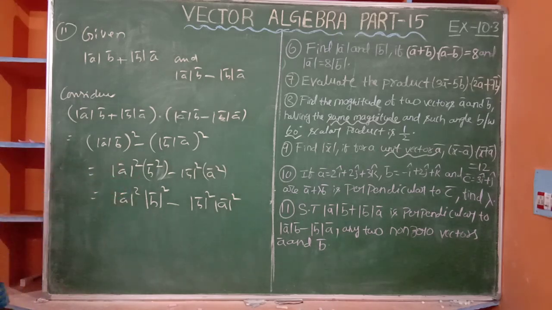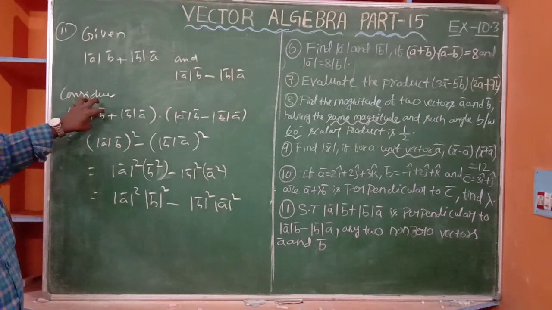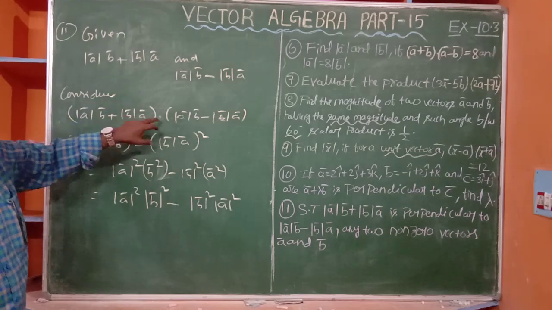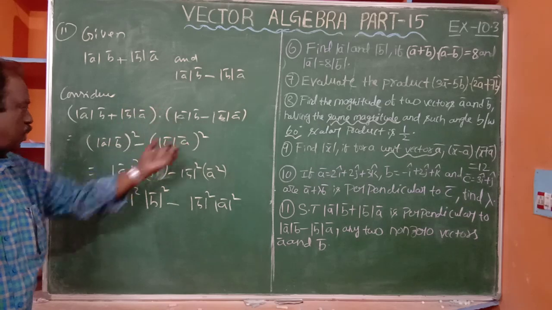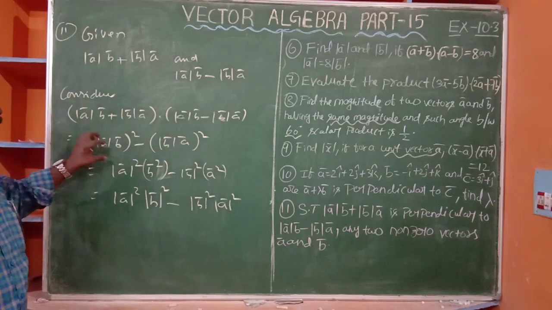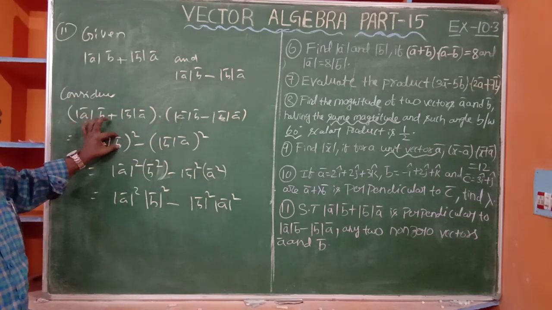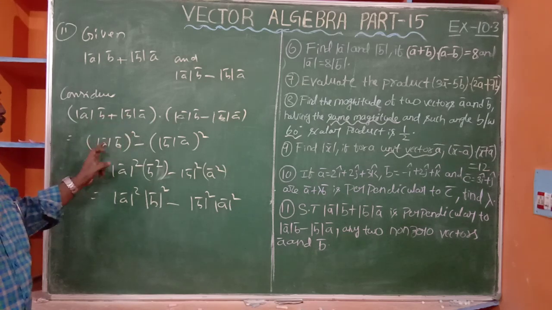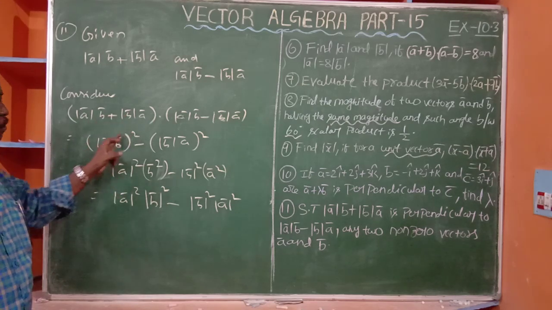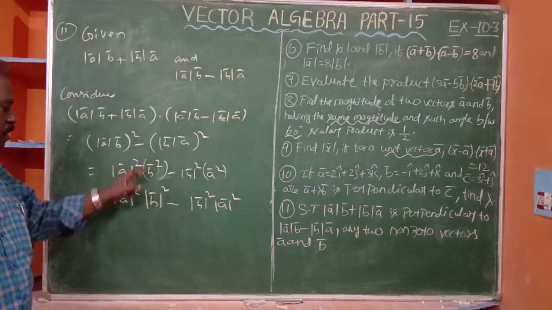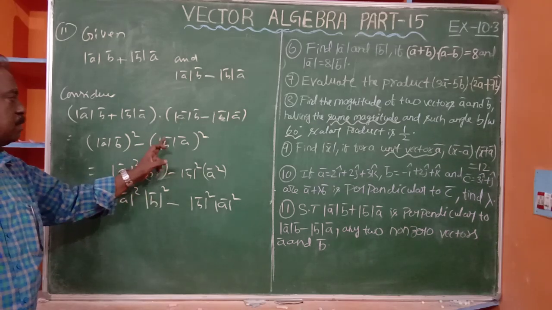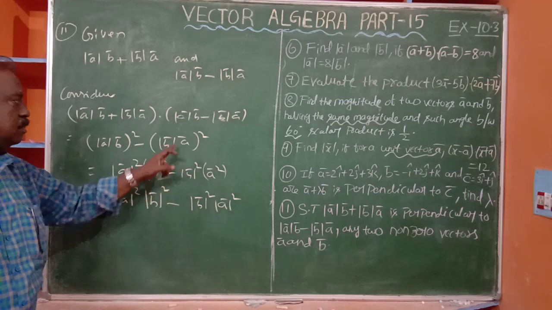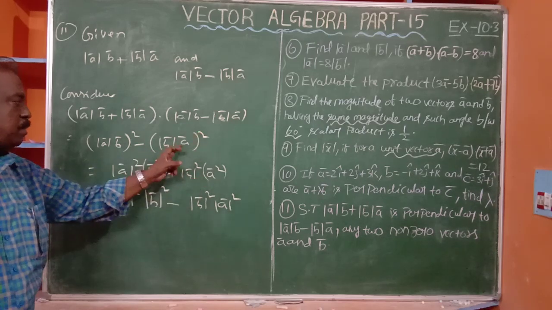Are you following this? You see that this is x plus y dot x minus y, which is x square minus y square. X square means mod A bar B bar simply square: modulus A bar square, B bar square. Here also modulus of B bar whole square, A bar square means modulus of A bar square.